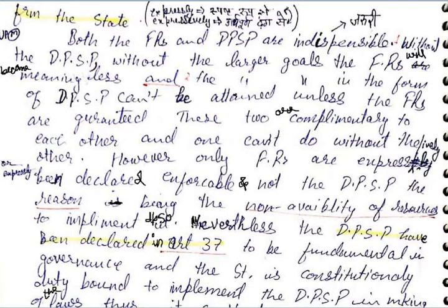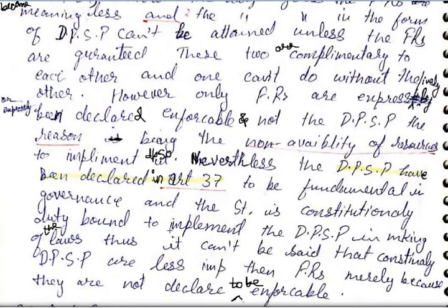Nevertheless, the DPSP have been declared in Article 37 to be fundamental in governance, and the state is constitutionally duty bound to implement the DPSP in making of the laws.